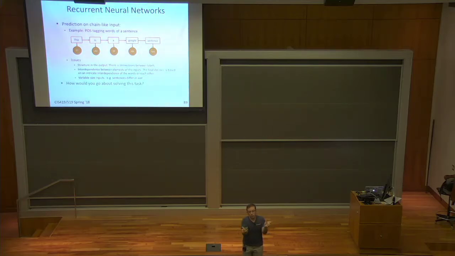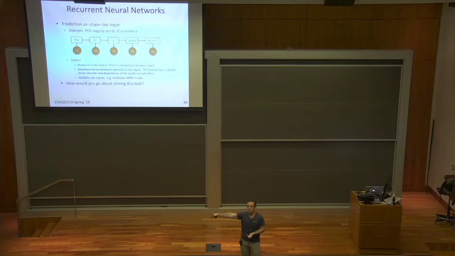And I have correlation between these tokens, in the sense that the label that I'm assigning here is kind of dependent on what I'm assigning here and what I'm assigning here. So there is sort of correlation, because that's how language is, right? That should be obvious. So the question is, how do you think we can deal with these kinds of problems? How can we create a system for this?